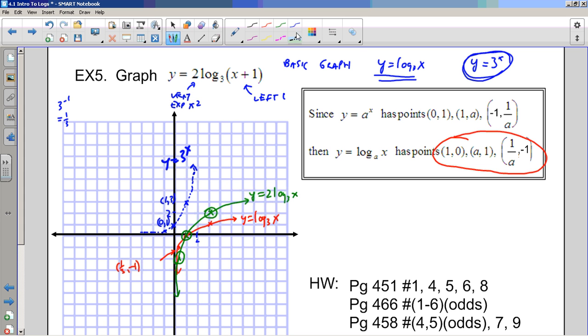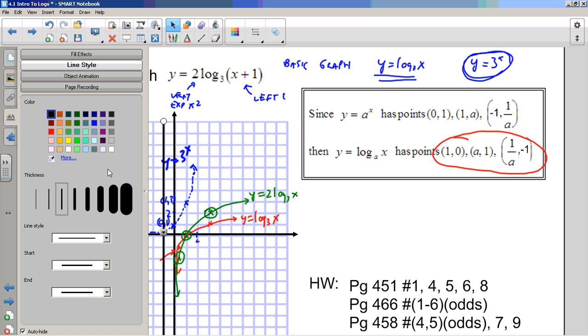So the final graph is to move this thing left one. I'm going to use black to finish things off here. And I'm going to move all of these points, and I'm going to move my vertical asymptote left one. There it is. Okay, and I'm going to change it so it looks like it's dotted, so it doesn't look like another axis. Dotted.